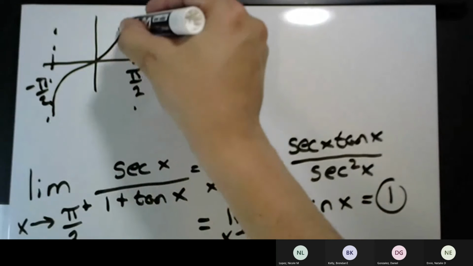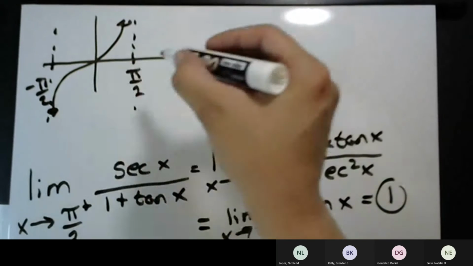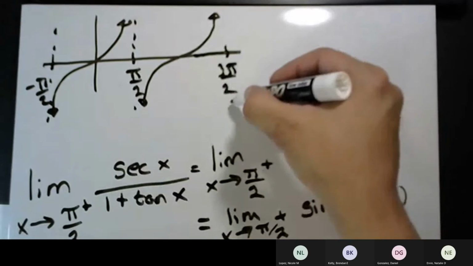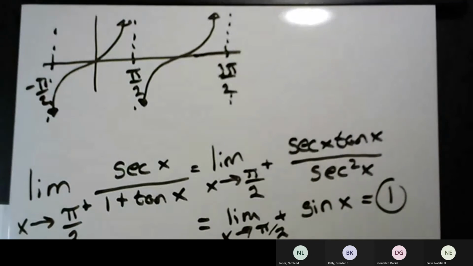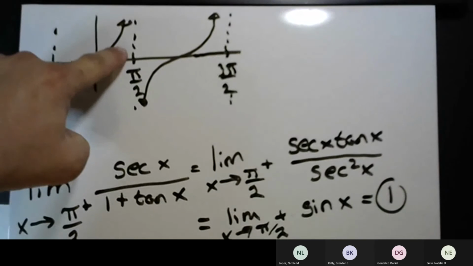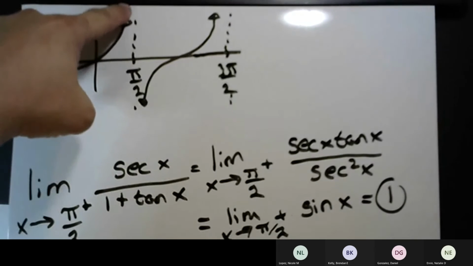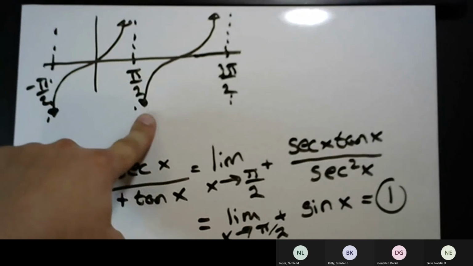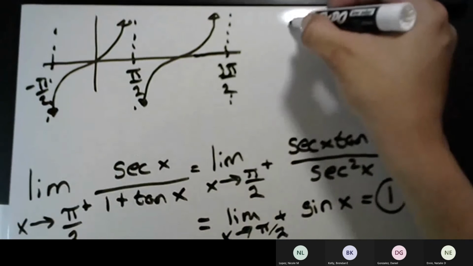so here's tangent. When you approach tangent from the left, you have a positive infinite limit. But when you approach from the right, you have a negative infinite limit.